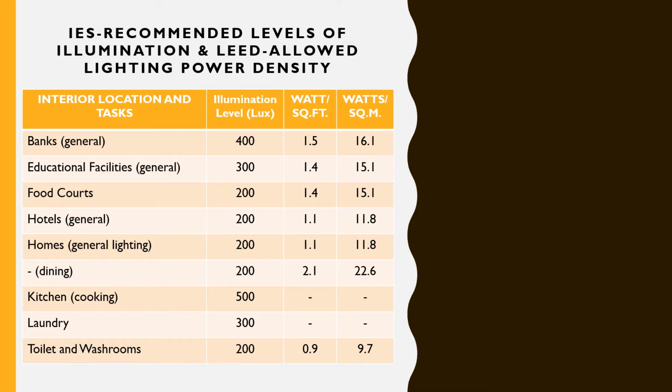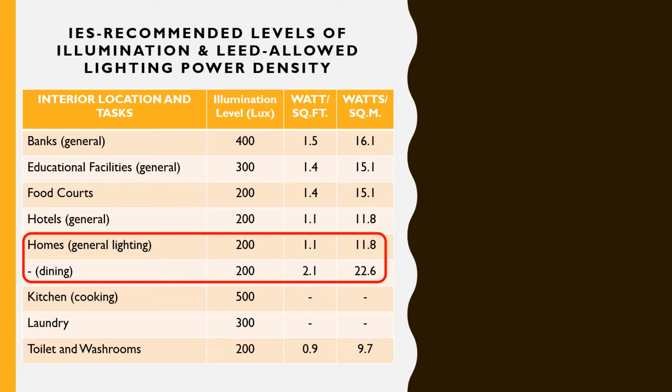It means the area and what tasks are being done or intended to be done. Then the illumination level, in terms of lux, and the equivalent lighting power density in terms of watt per square foot and watts per square meter.